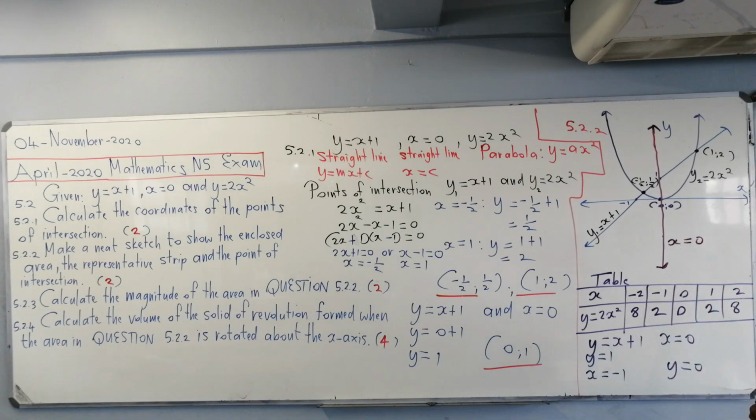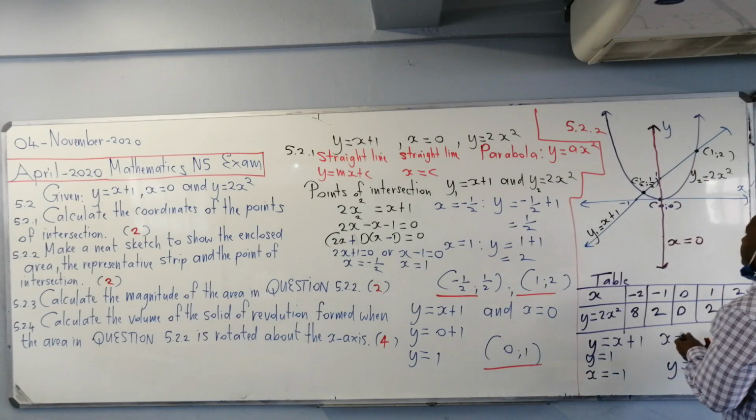Because there is an area on the left of x equal to 0, this small area here, and on the right of x equal to 0. So basically the area that we are looking for is this entire region here. This entire area. Can you see that?